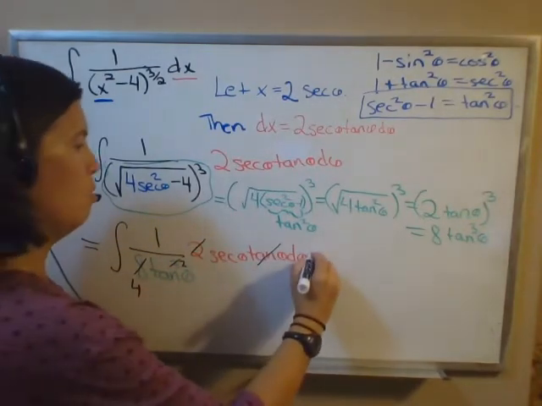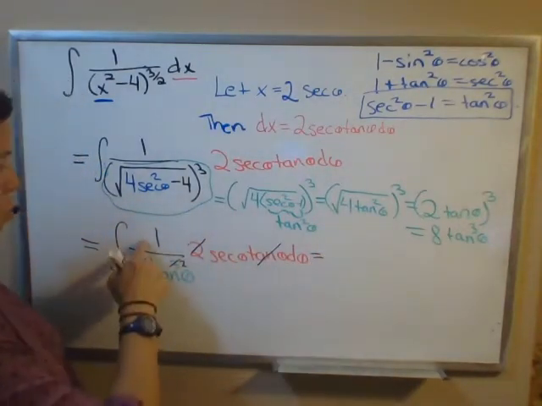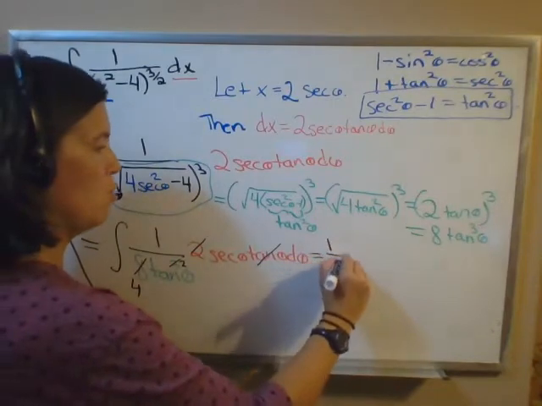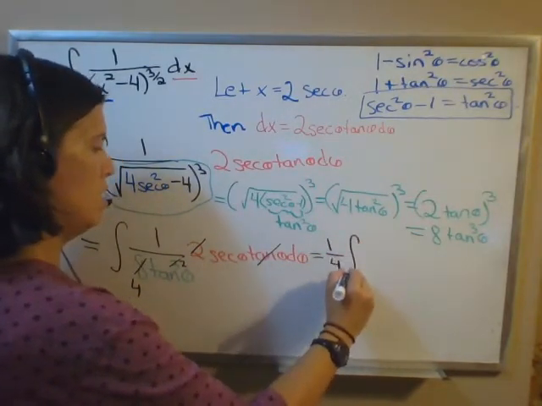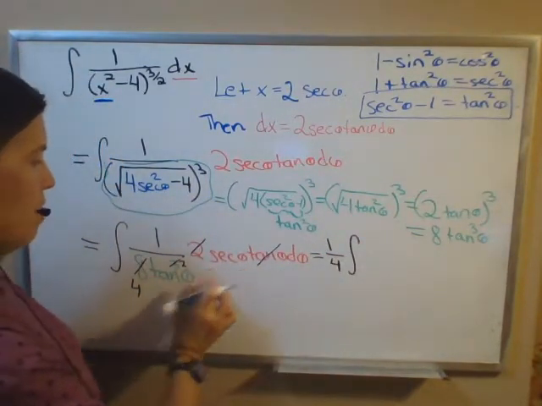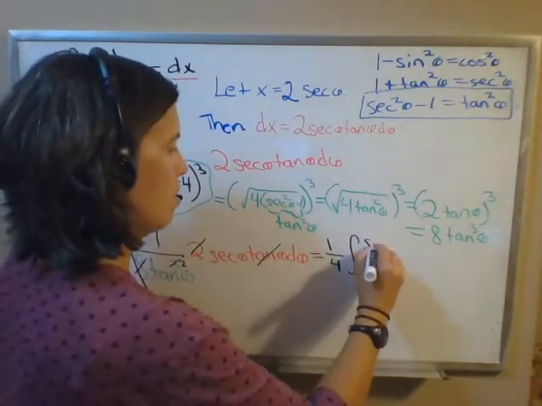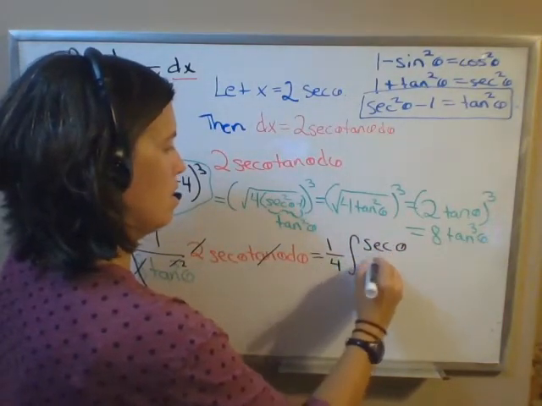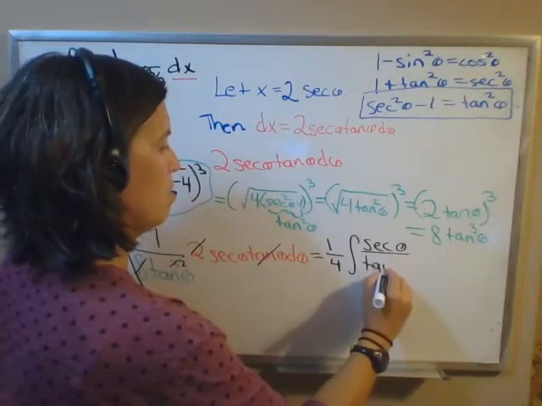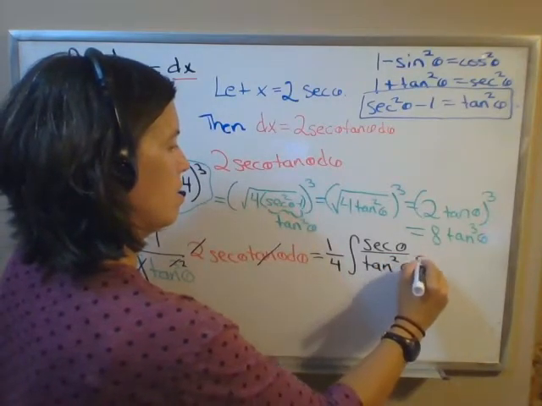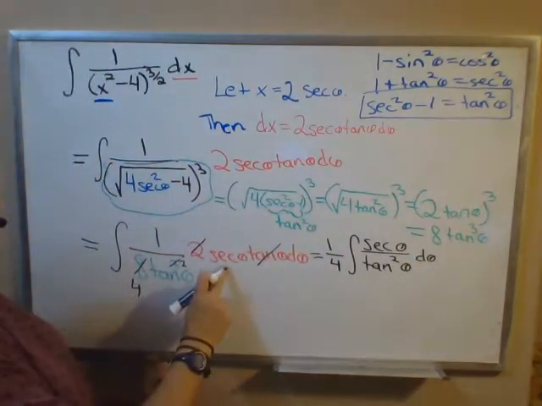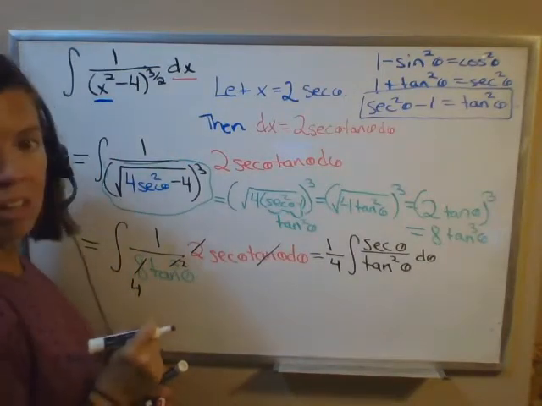So this becomes 1 over 4. I'm going to move that coefficient out front. And then, what's left? Secant theta over tangent squared theta, d theta. Just double checking. Secant theta, tangent squared. Yes.